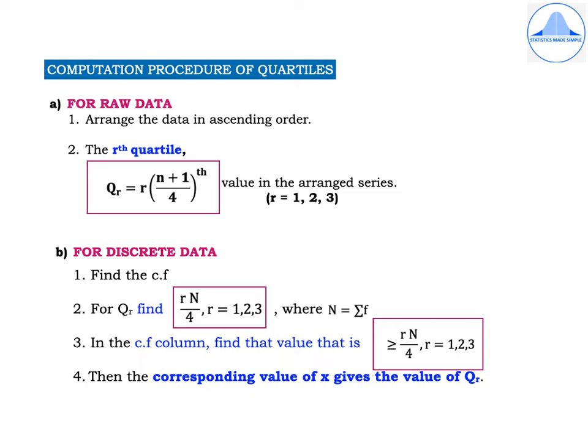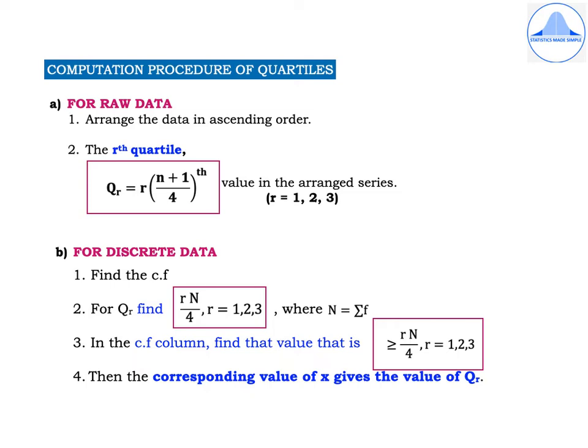So if they ask us to find out Q1, Q1 will be equal to 1 into (n plus 1) by 4th value in the arranged series. Similarly, if you are asked to find out Q3, you put r equal to 3 and you will get Q3 is equal to 3 into (n plus 1) by 4th value in the arranged series.